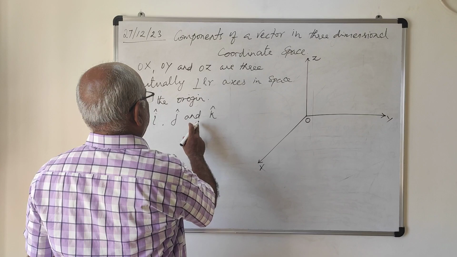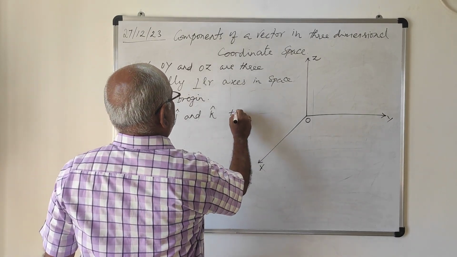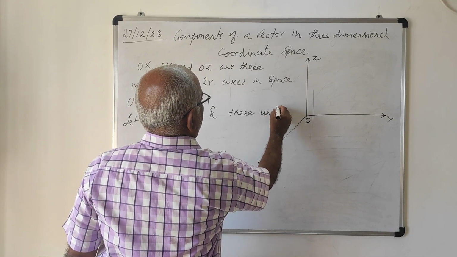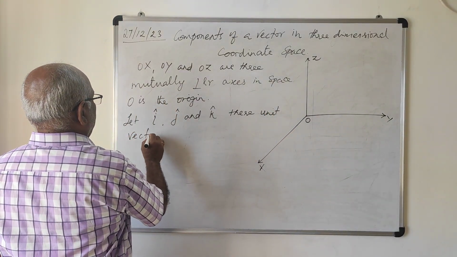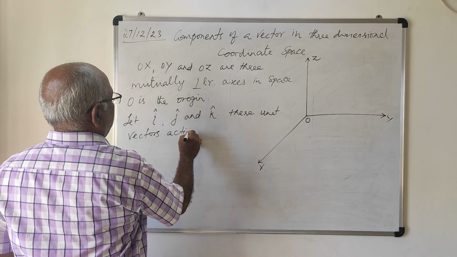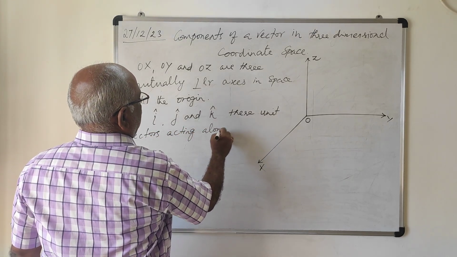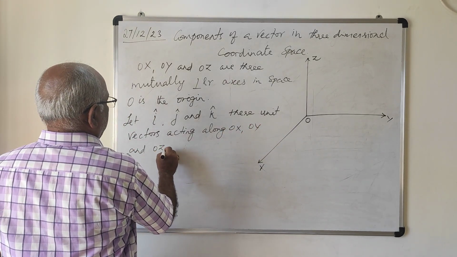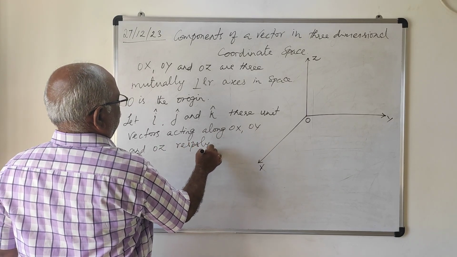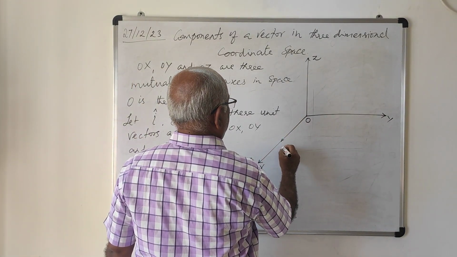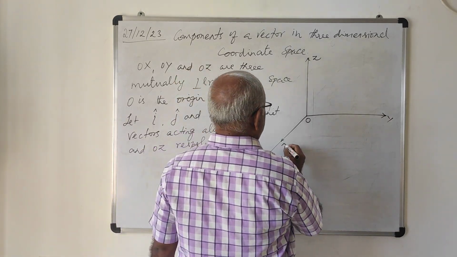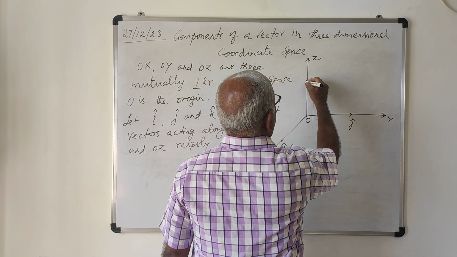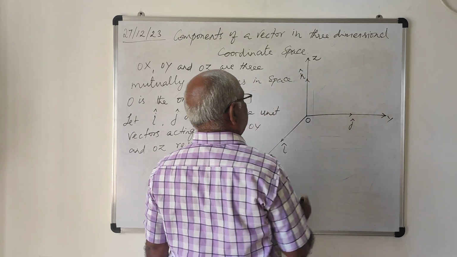So I cap, J cap and K cap are three unit vectors acting along OX, OY and OZ respectively. So I cap is the unit vector along the x-axis, J cap is the unit vector acting along the y-axis, and K cap is the unit vector acting along the z-axis.